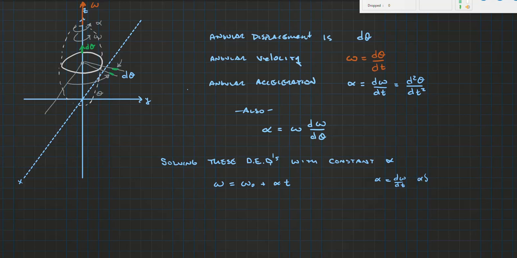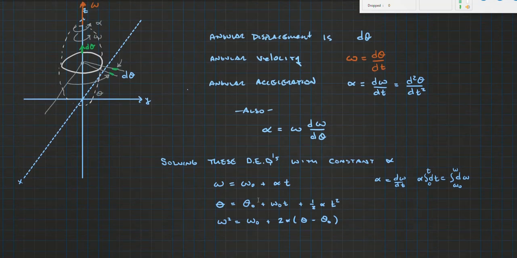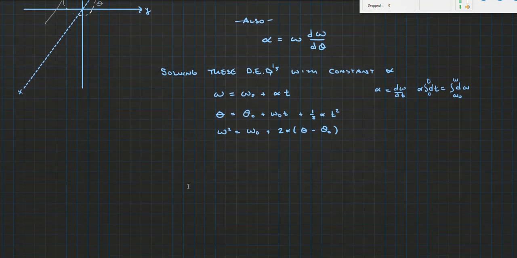Alpha was constant, so we can pull it out to the front. Alpha dt equals the integral of d omega from omega 0 to omega, and this was from 0 to t. And of course that'll give us that relationship. And we can pull up these other expected equations from separating variables and solving the differential equations above, just like we did in chapter 12.